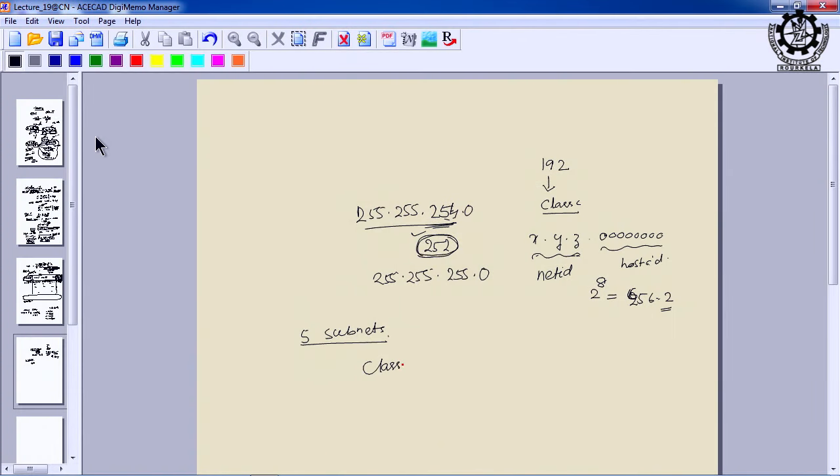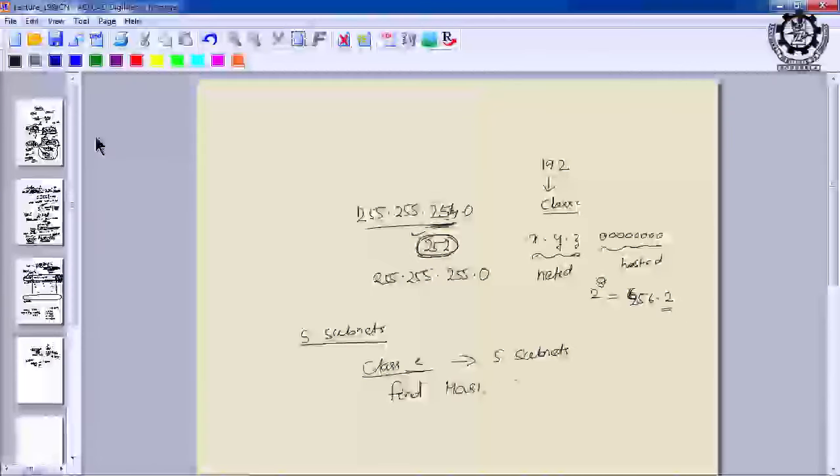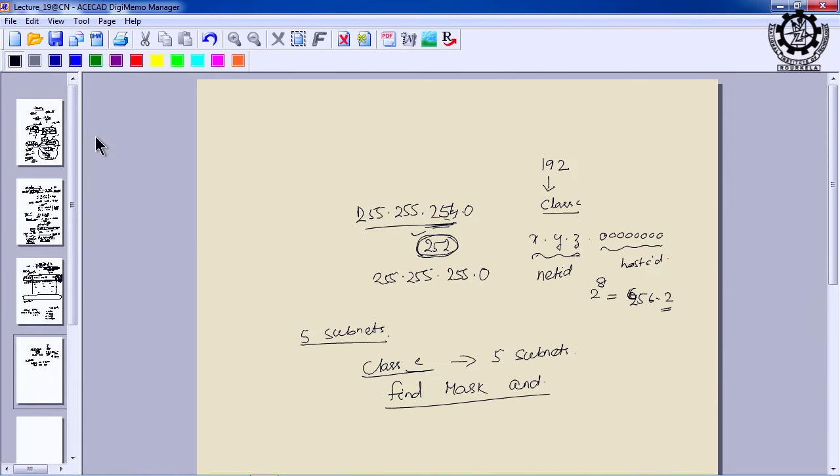Find the mask and find the list of valid IP addresses. Any problem? Ask me. A class C organization wants 5 subnets; find the mask and the valid IP addresses. Do it, 5 minutes.